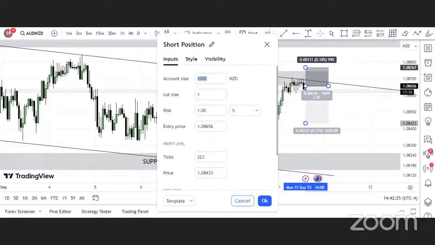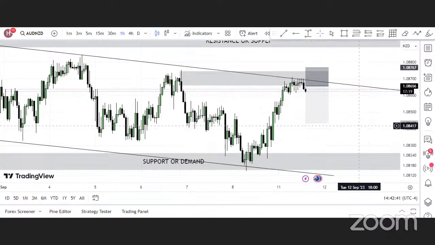And the stop loss 1.08767. All right. And then just place your trade. All right. So I've placed mine. I'm sure you've done that too.